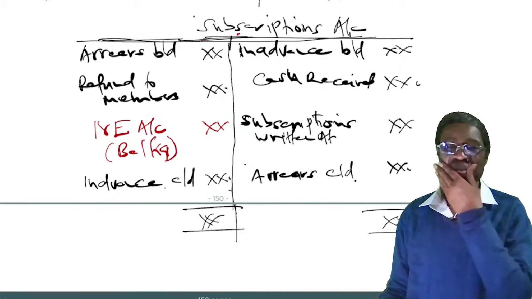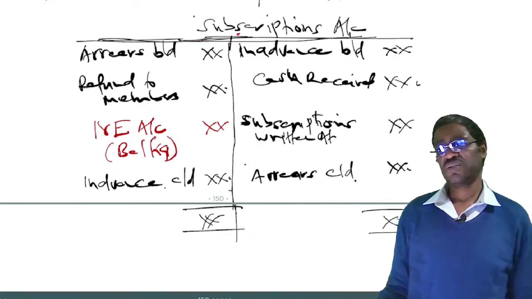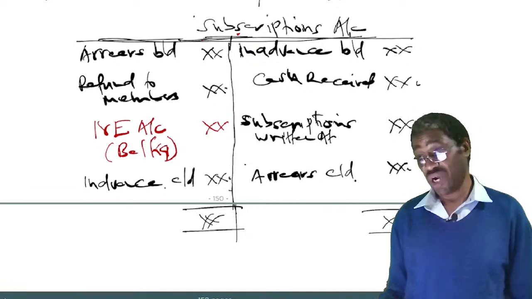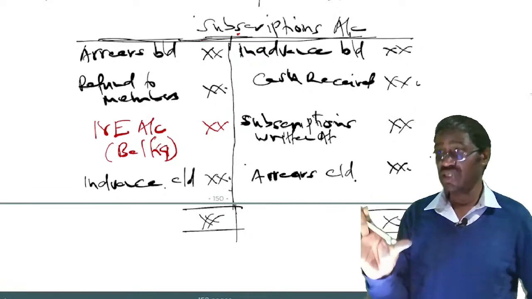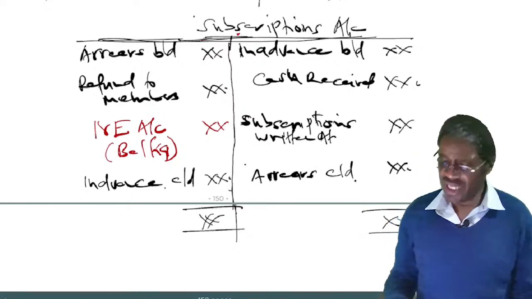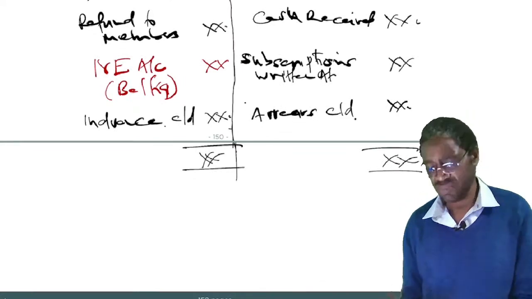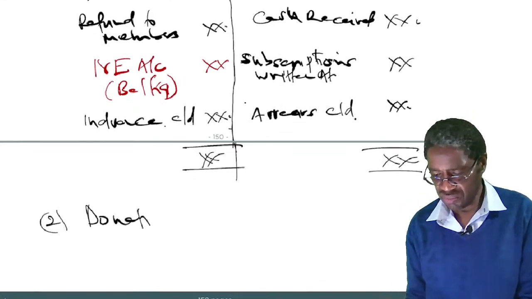Good. So that's number one source of income for non-profit making organizations. That is subscriptions. Very technical account to be used. The second source of income is what we call donations.